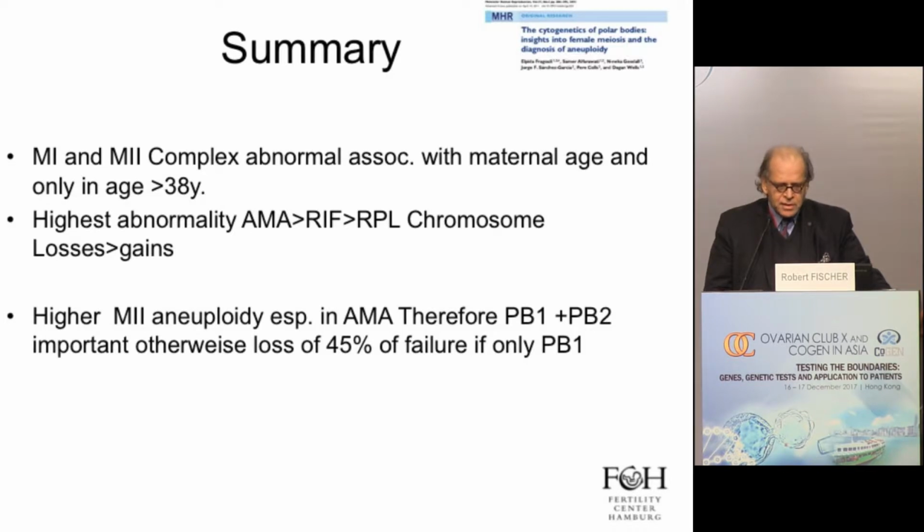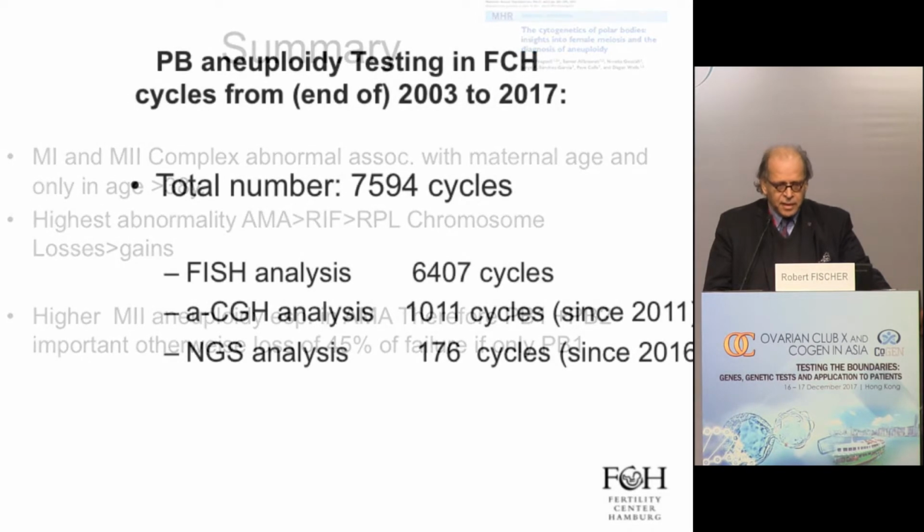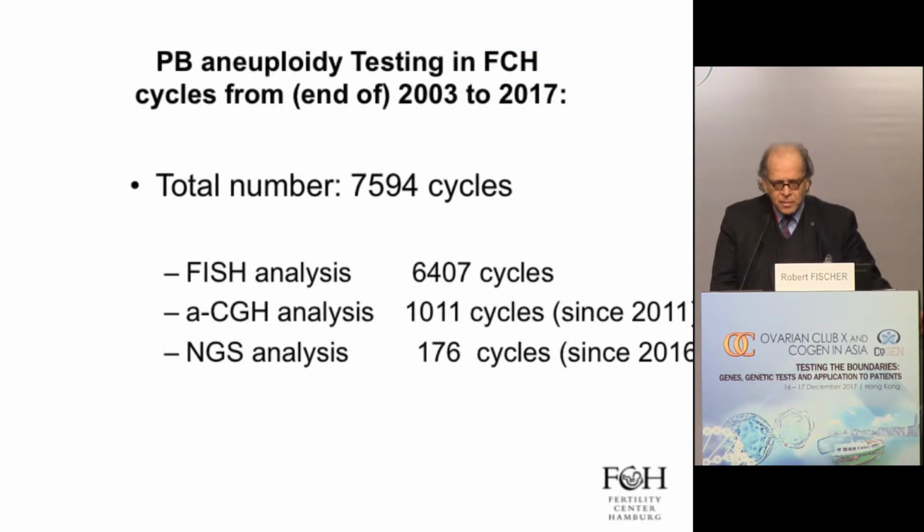They also showed that it is important to examine both polar bodies, otherwise you will lose about 50% of the information if you only check the first polar body, as some of the clinics have done before.